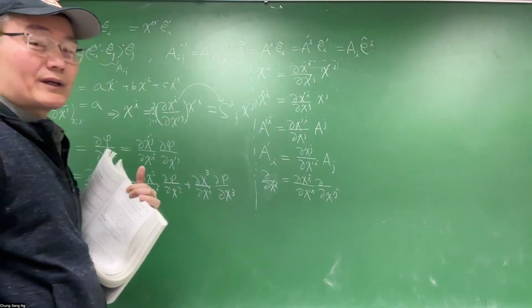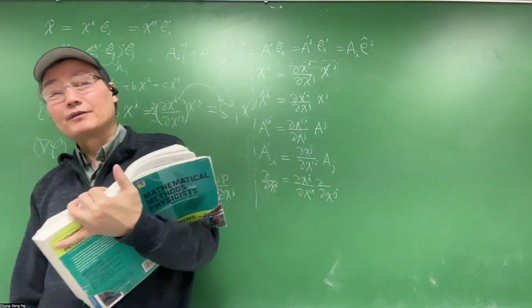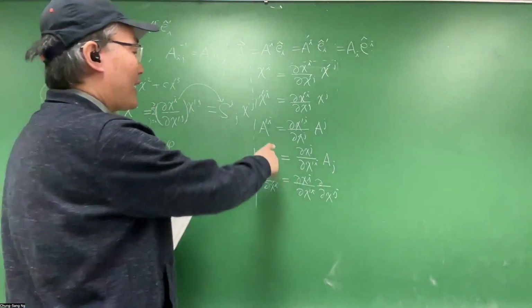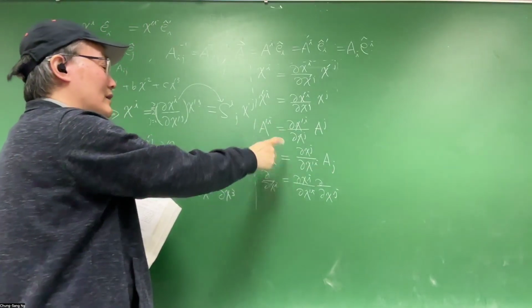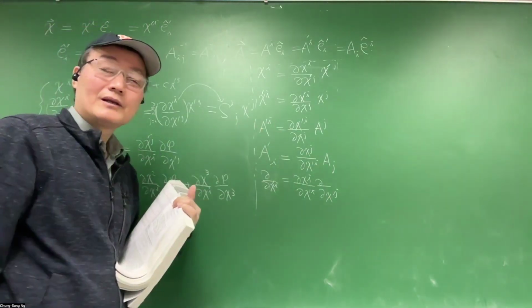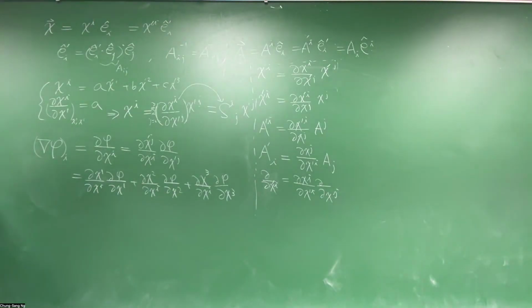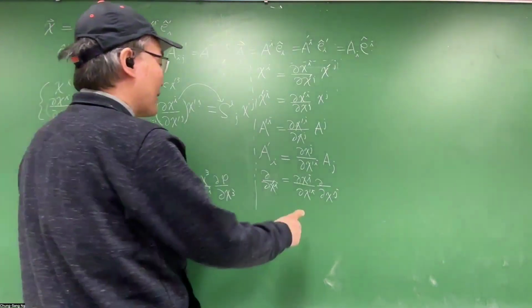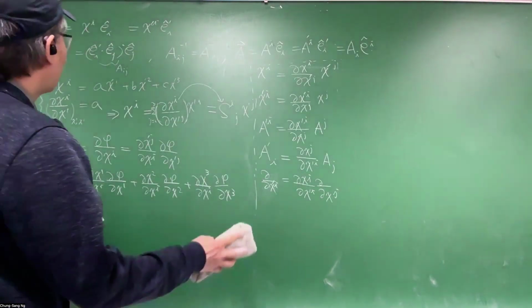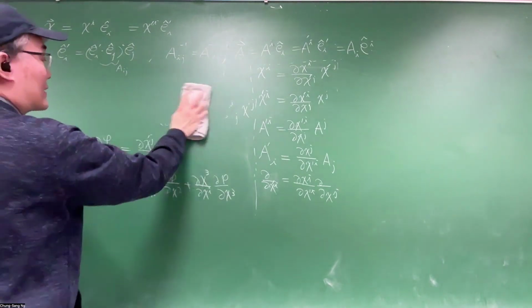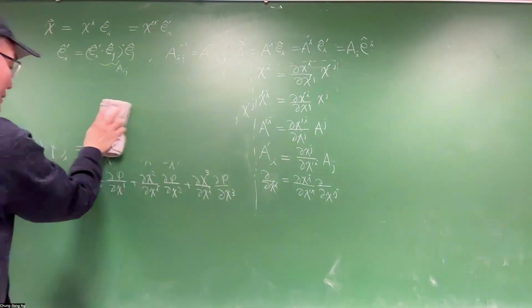Now comes the jump. We now define how you transform the superscript and subscript, or the contravariant and covariant components. Now we generalize to an arbitrary number of indices, and we call those tensors. So the tensor is a quantity that transforms like that.